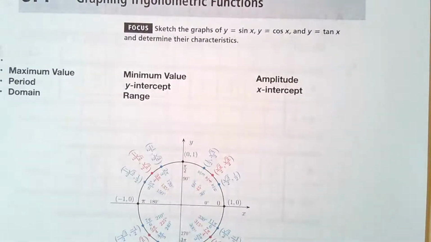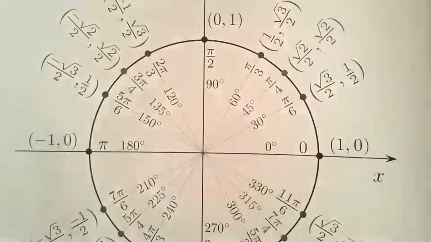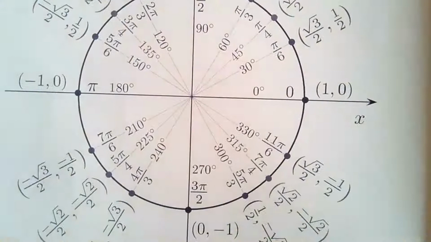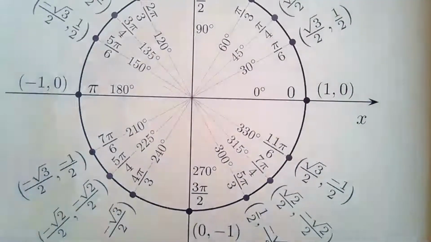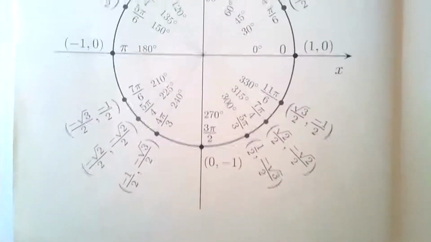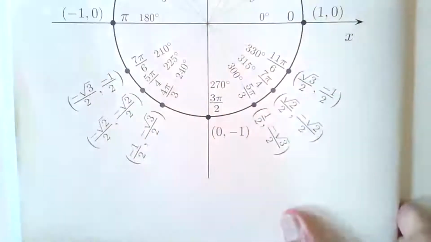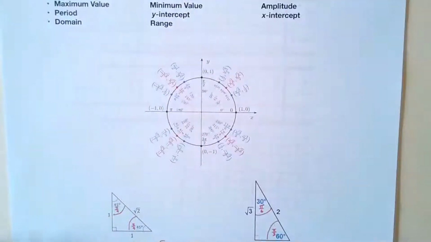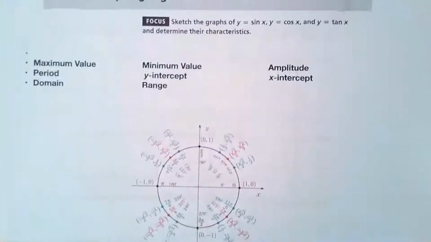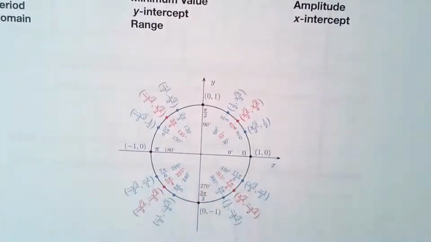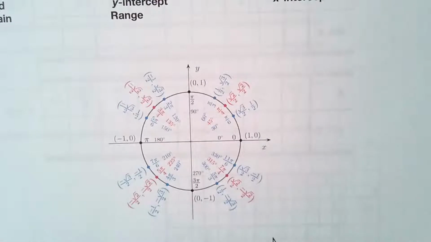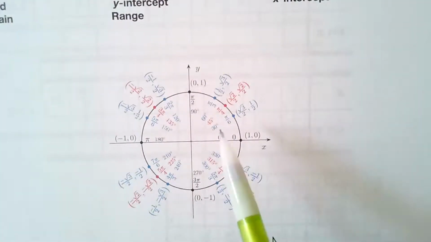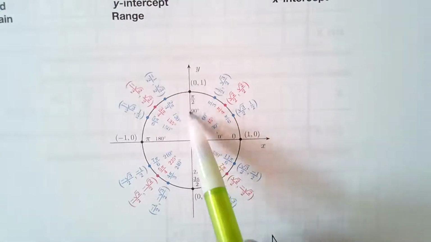We've done this, and it's at the back of your exemplar booklet. I'll be referring to this, so you should have it handy with you. This would be our unit circle, with the angles 30, 45, 60, 90, 0.